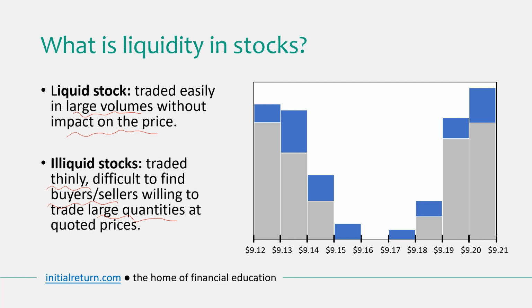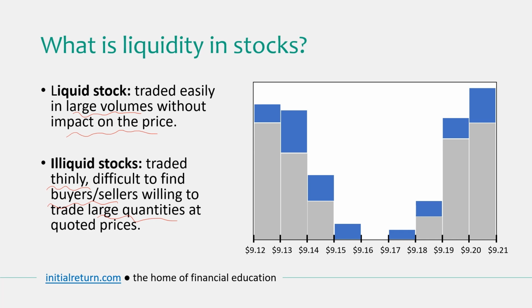And I would like to give you a bit more analysis here, and I would like you to focus on the graph on the right-hand side, just to explain the difference between liquid versus illiquid stocks. So let's imagine we have an order book for two stocks here. If you are not familiar with limit order books, we have a separate video on that, so you can check it out.